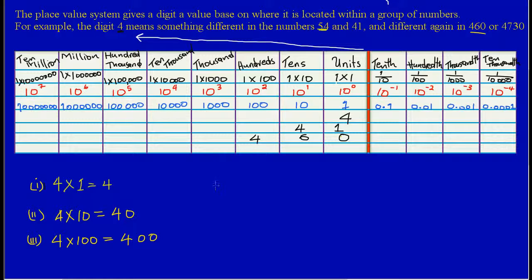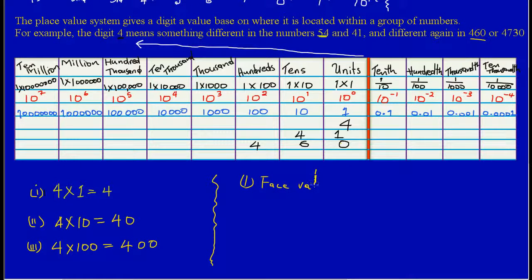So to sum it up, let me do a quick summary here. A digit has 3 values. Number 1, it has a face value. The face value is what you see when you look at the digit.